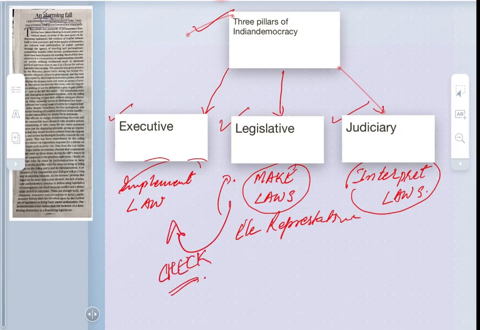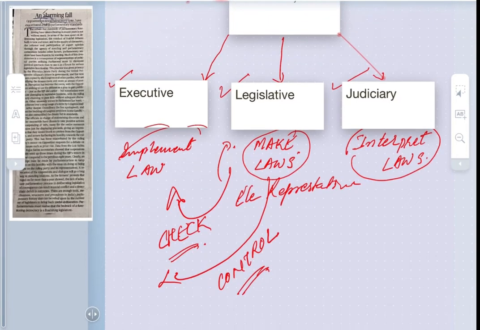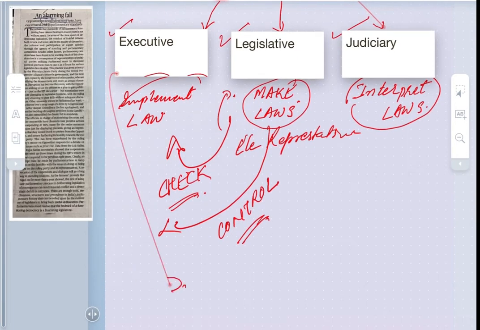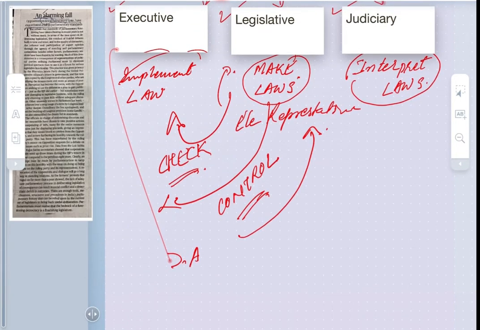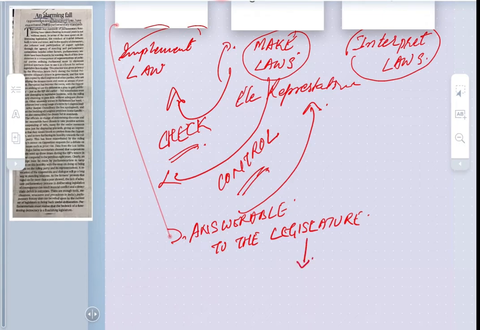These legislators will make law and control the executive, and therefore the executive is answerable or accountable to the legislature, because in our Indian parliamentary system the legislature is supreme.